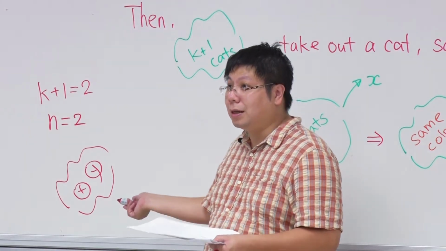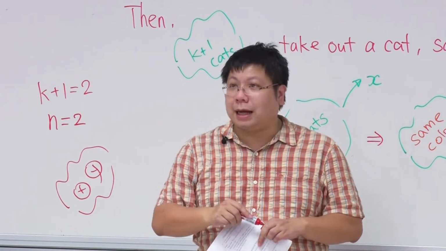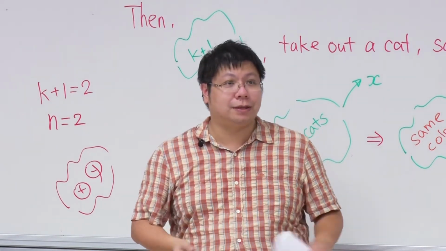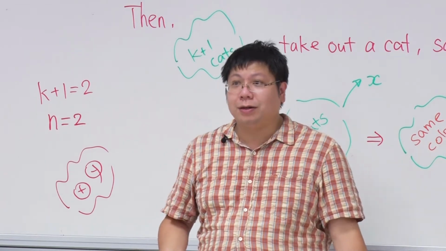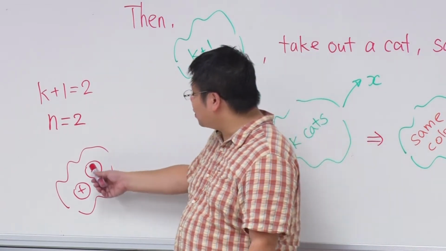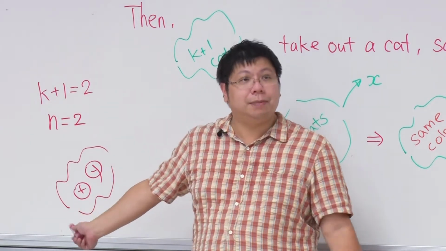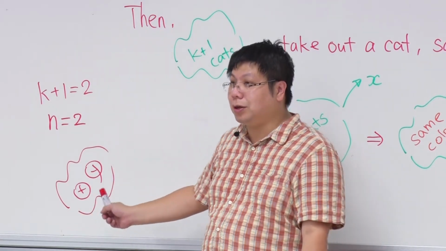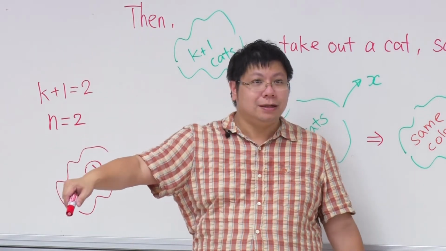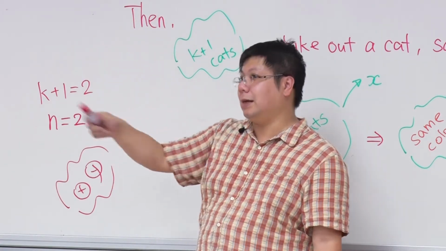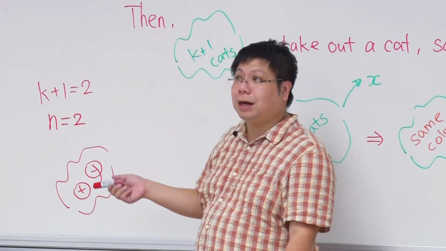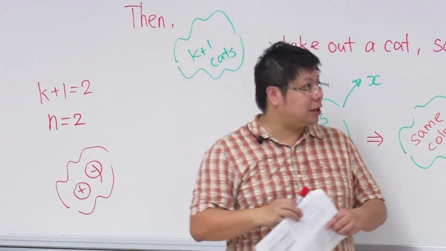So it is correct. But the problem here is that we cannot conclude that X and Y are of the same color. Because when Y and X are taken out, there is nothing inside. There is no common cat inside to make sure that X will be the same color as that cat, and that cat has the same color as Y. Is that okay? So the problem is the logic here.